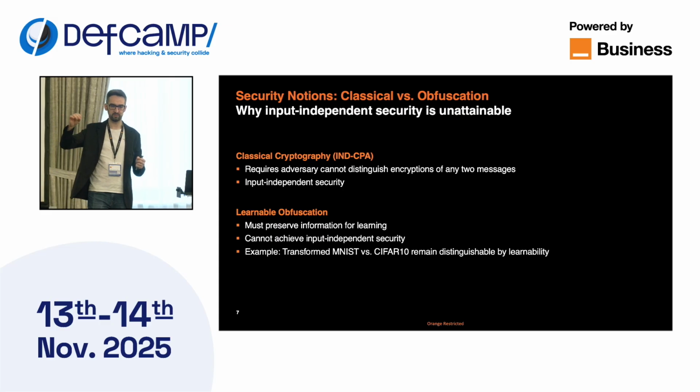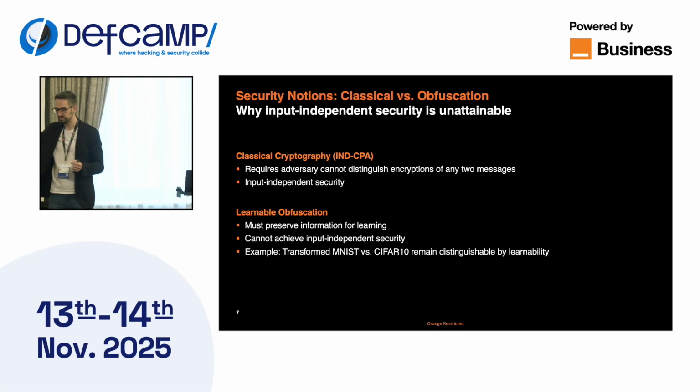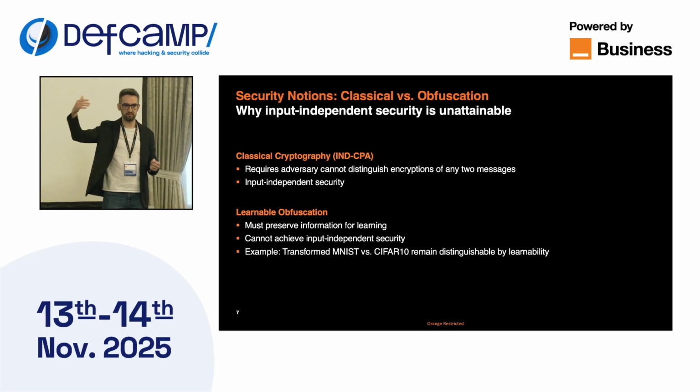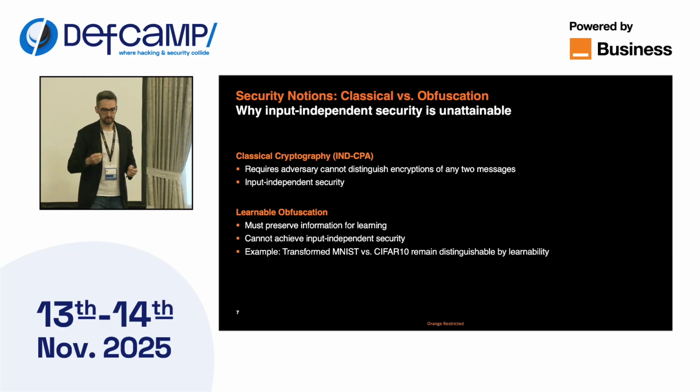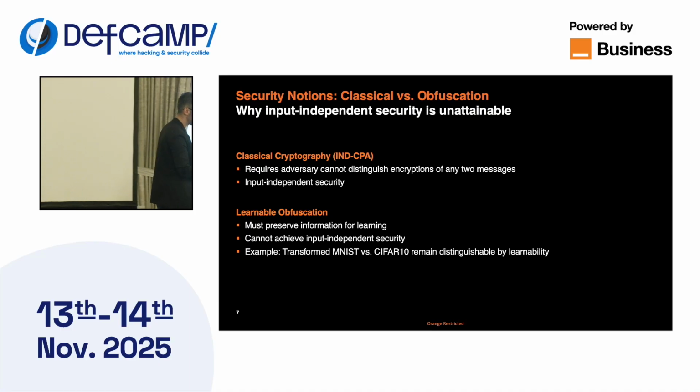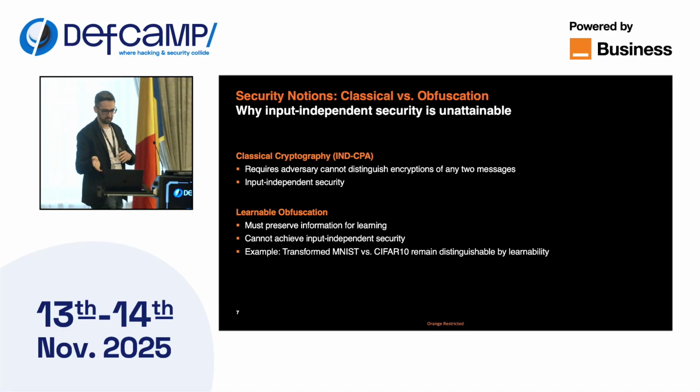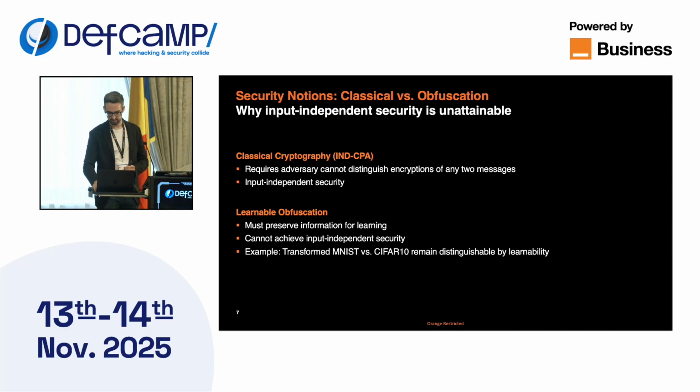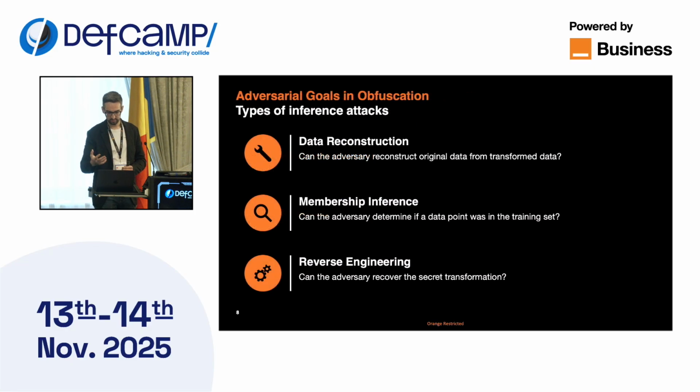The attacker observes the learning process, and observes that the accuracy in the end is 99%. The attacker can use that information, without knowing the underlying data, to determine that the transformed data are actually very simple to learn, like MNIST. So from this perspective, a learnable obfuscation method can never be as secure as a cryptographic-based method.